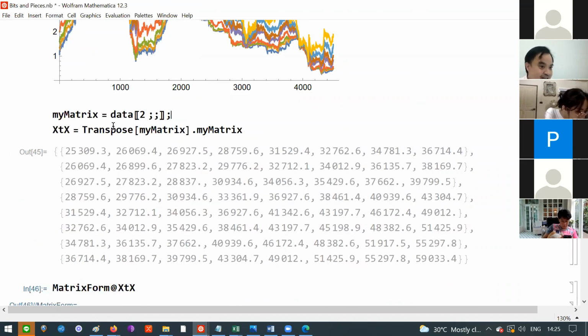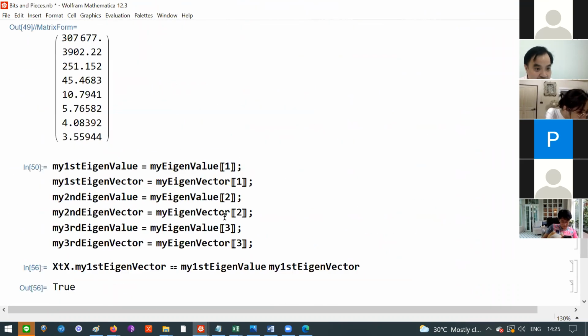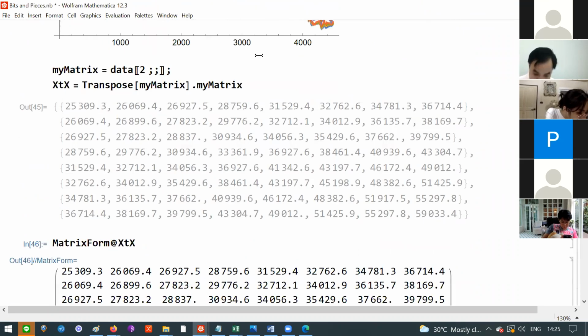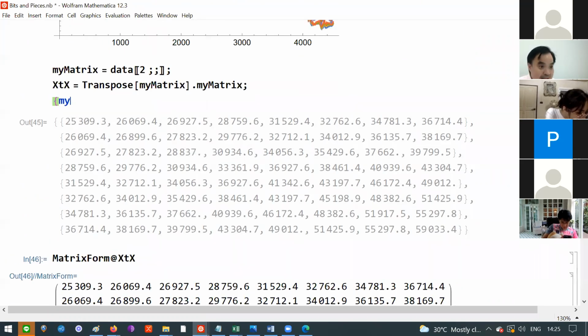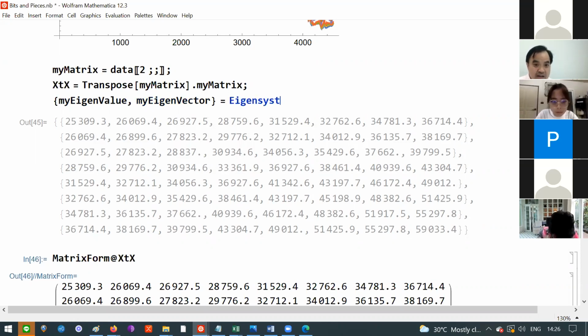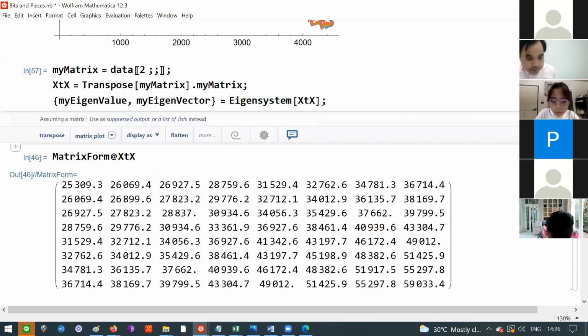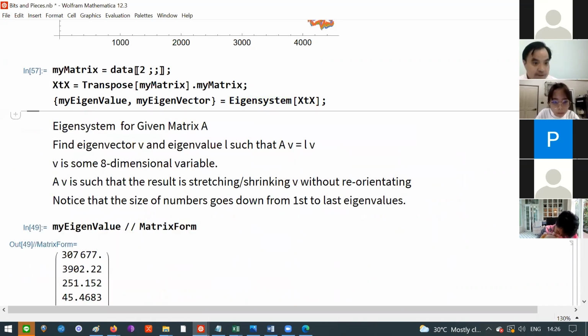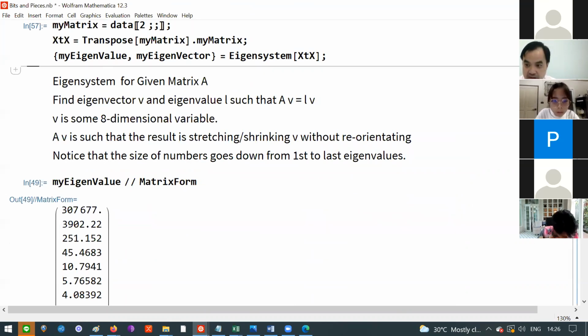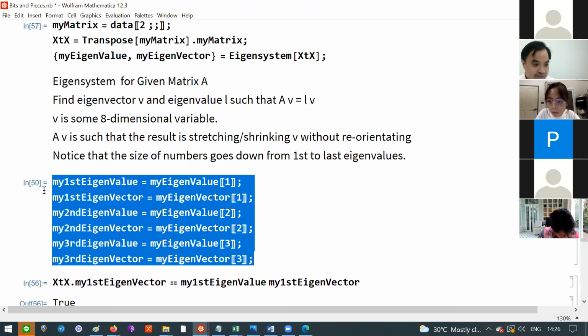So my matrix is that data set, my X, and then I have this: my eigenvalue and eigenvector is equal to the eigensystem of X transpose X. Okay, so I did it, and I made this because it's quite useful.